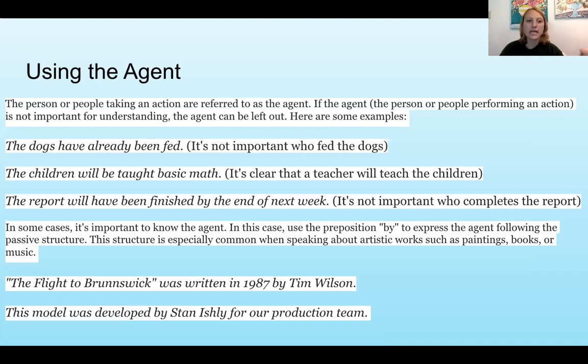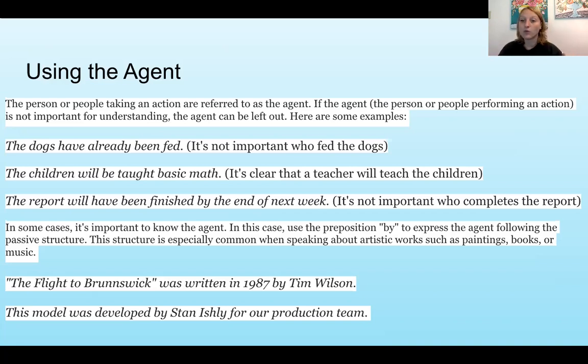In some cases, it's important to know who the agent is, and in this case, use the preposition by to express the agent following the passive structure. So let's take a look down here. The Flight to New Brunswick was written in 1987 by Tim Wilson.